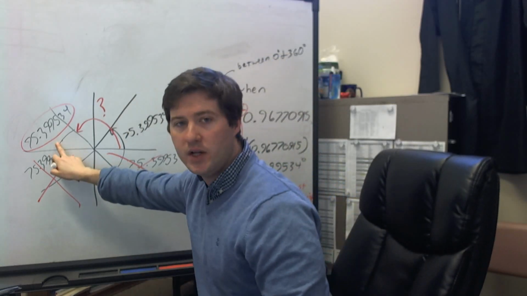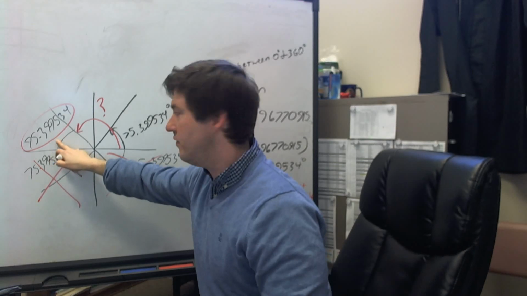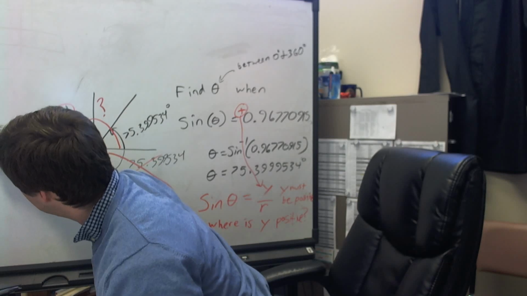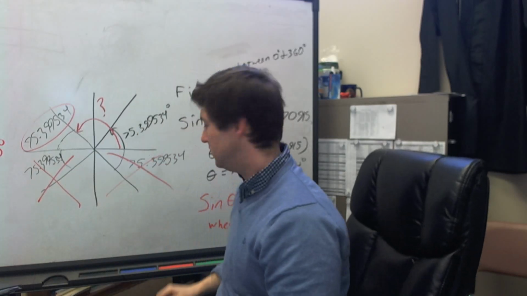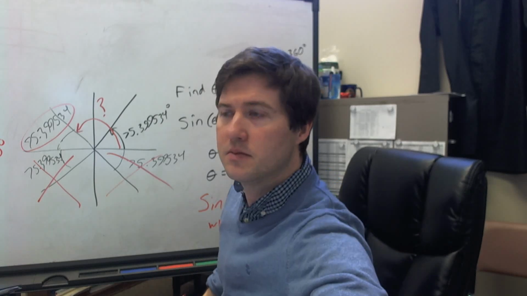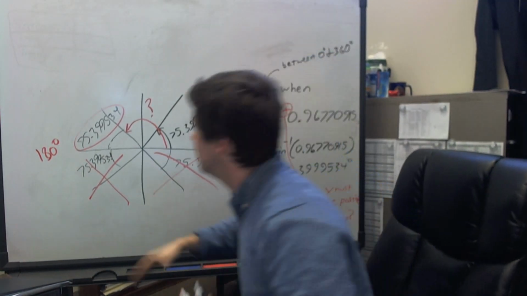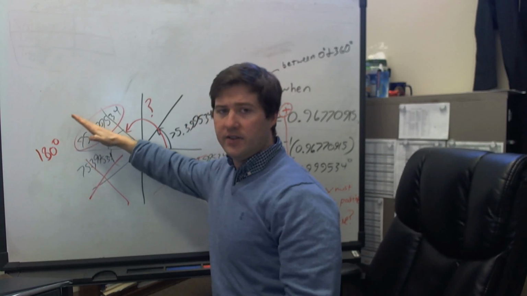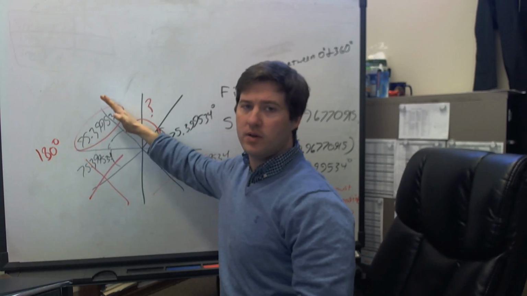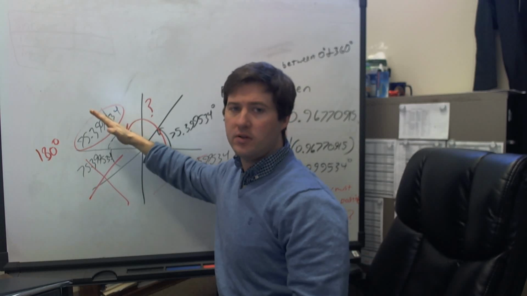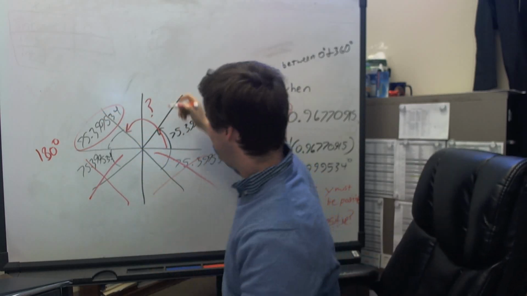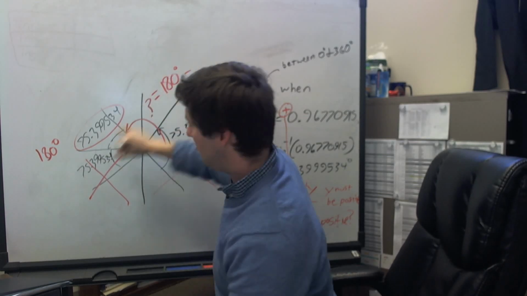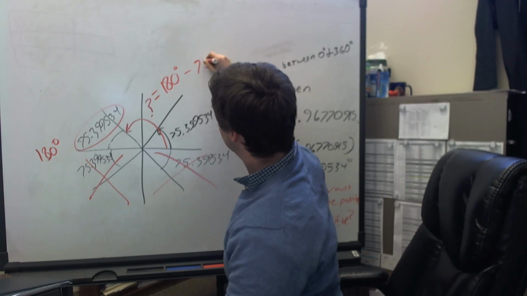It has a reference value of 75.3999534, meaning from right here, which is 180 degrees, if we go back 75.3999534, that will give us our angle. So that's how we determine it. It's just 180 minus our reference angle.